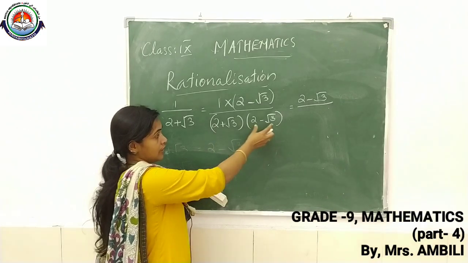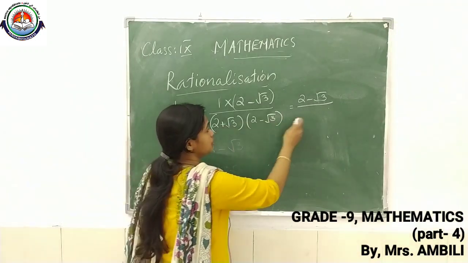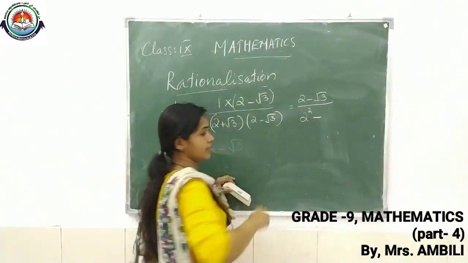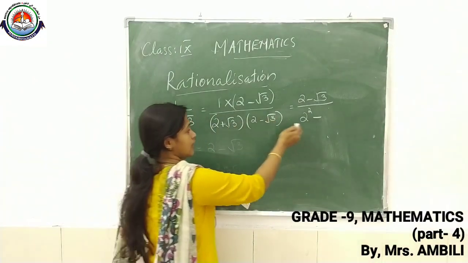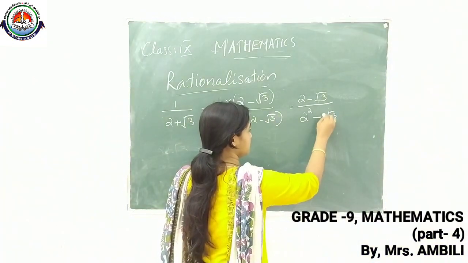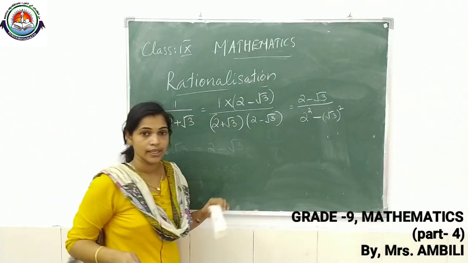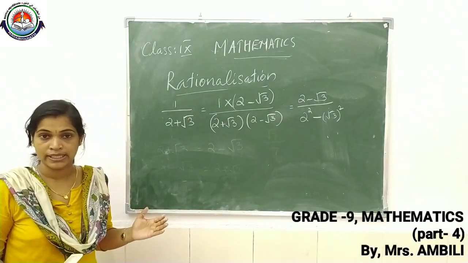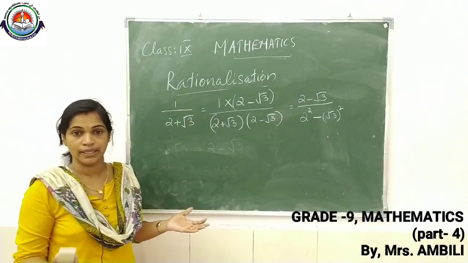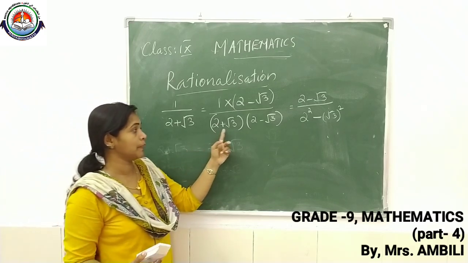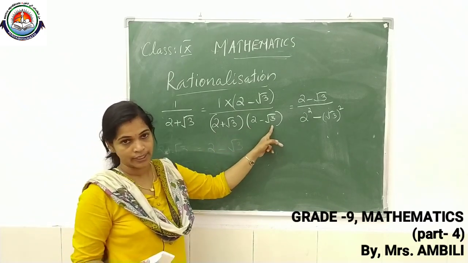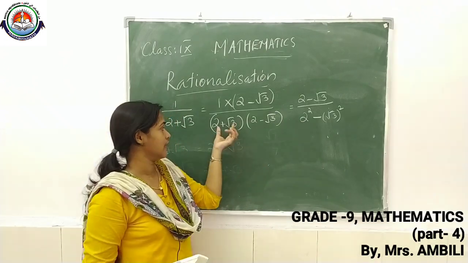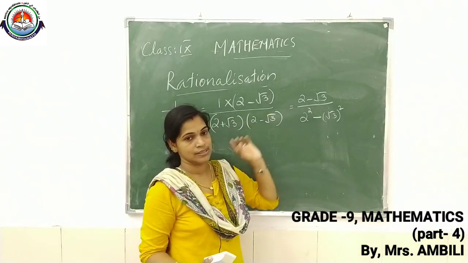So 2 square minus root 3 square. Okay, a plus b into a minus b equal to a square minus b square.